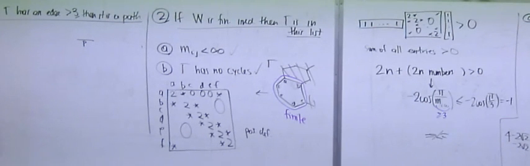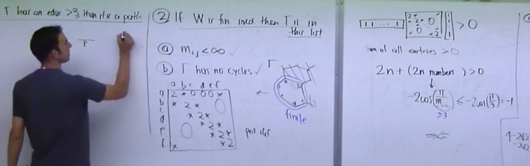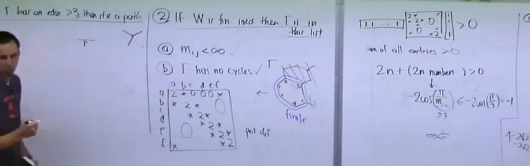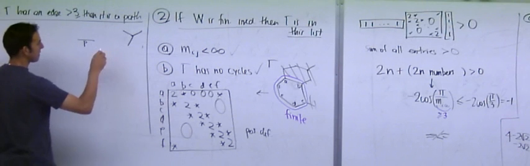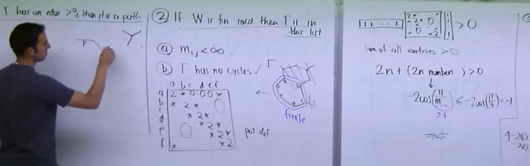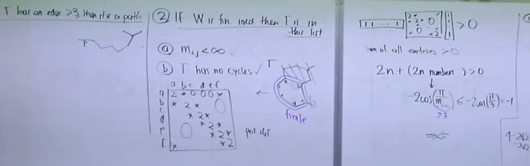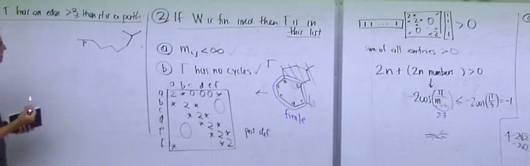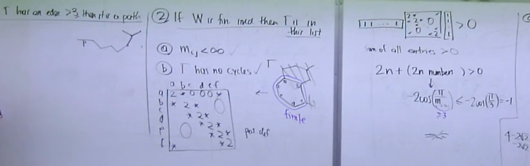Now, if it's not a path, but it is a tree, that means that there must be somewhere that it branches. So there must be some place where it looks like this, because otherwise it would be a path. And again, this is a connected graph, so I can find something like this as a subgraph, and this gives me a positive definite matrix. So what am I going to do now?